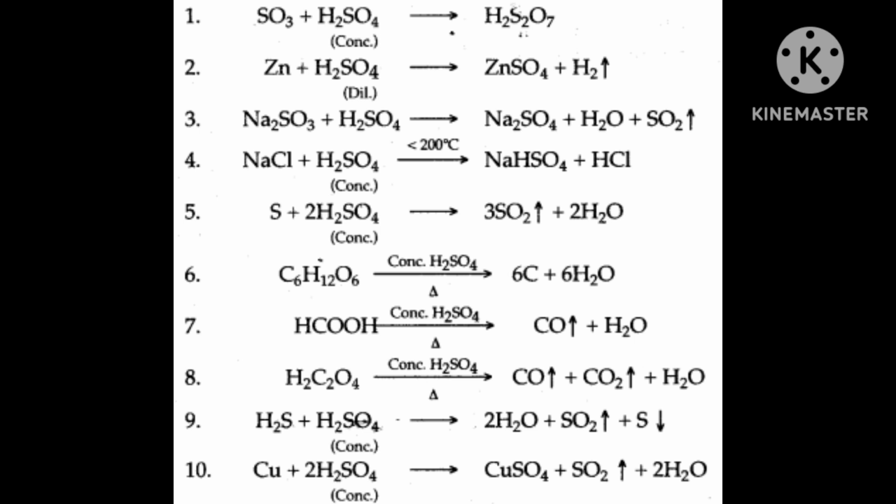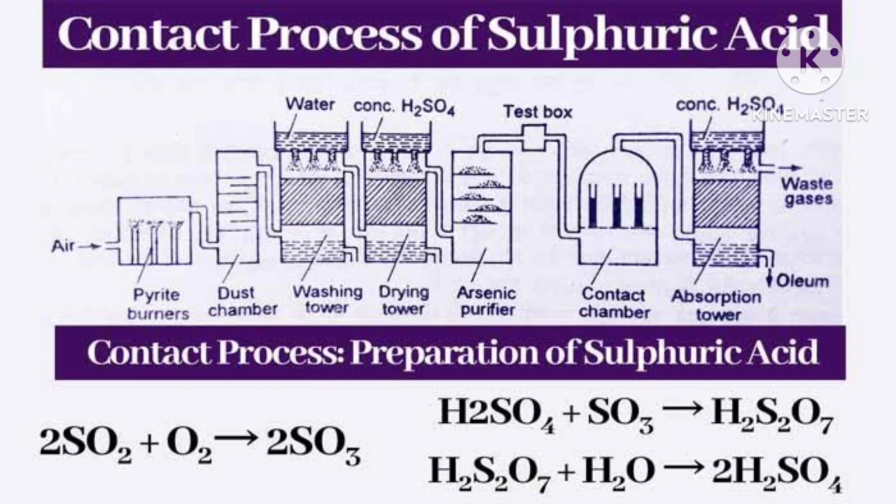Now HSO4- still has one more H. HSO4- plus H2O again gives H3O+ hydronium ion and SO4 2-, but it is slow. Its Ka2 value, the second ionization, is less: 1.2 into 10 to the power minus 2.